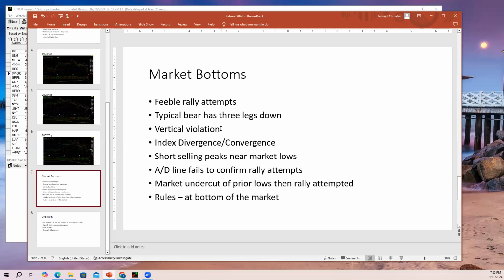One thing it will show you is that if the bulk of the stocks aren't ready to move up and only a few stocks are moving up, it's not going to be enough to move the AD line. Another indication on the chart we can look at is the undercut of prior lows. I showed you one of those in one of the three charts that we just looked at.